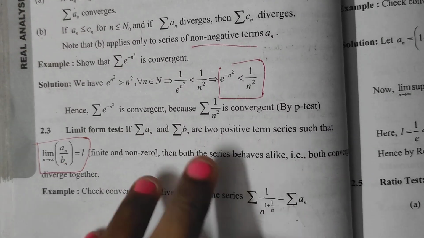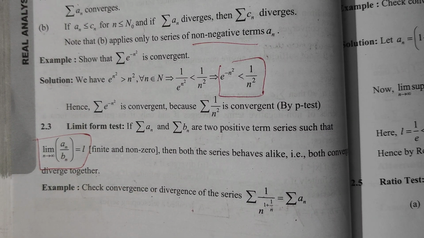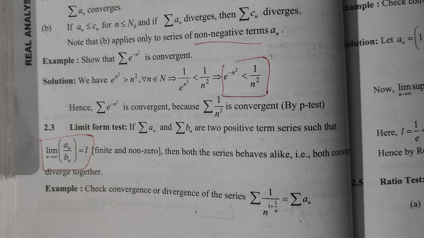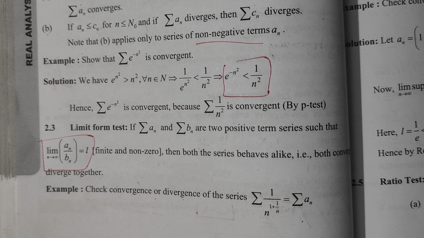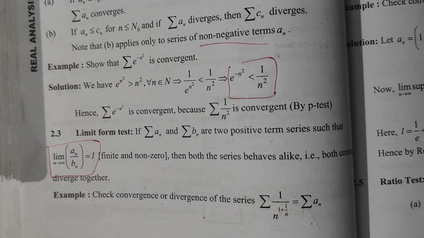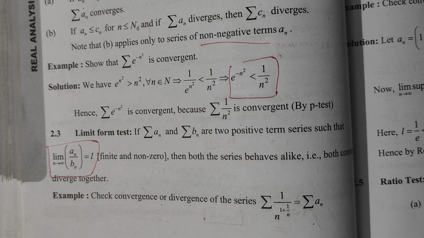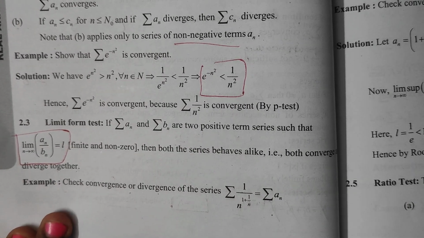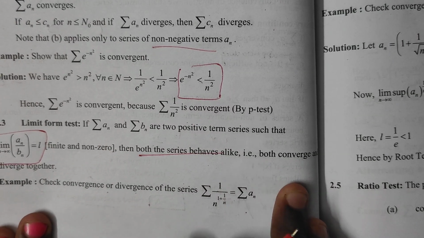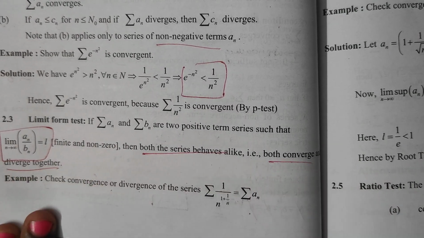If one series converges, you can automatically tell the other also converges. So both series behave alike in the limit form test.